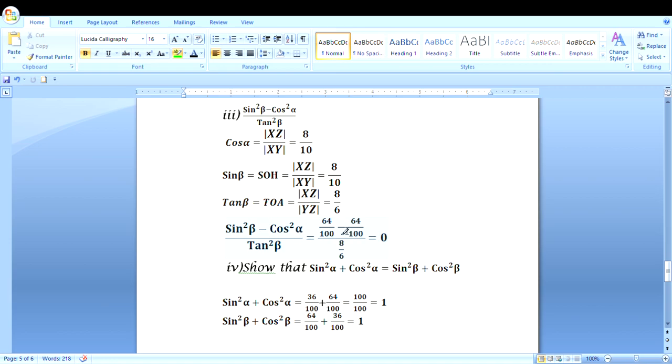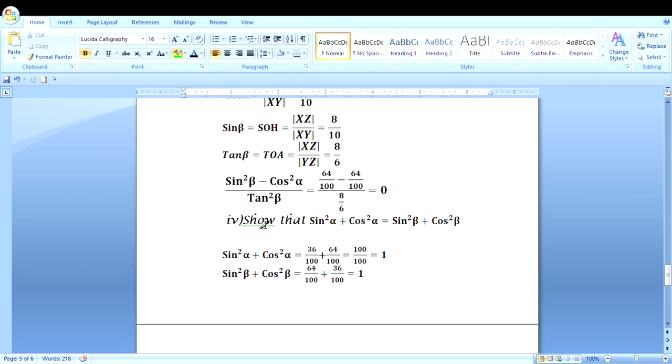If you square the value of this, it gives us 64 over 100 minus 64 over 100 divided by tan square beta, and tan square beta is 8 over 6. So since the numerator is 0, divided by this, the final answer is 0.